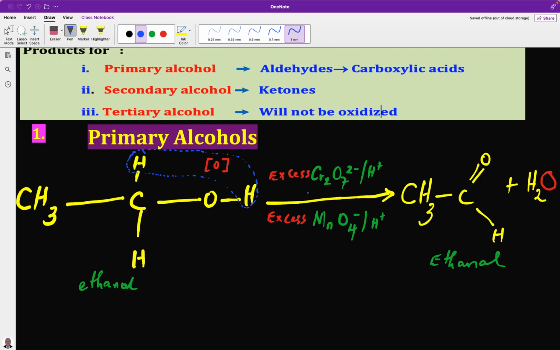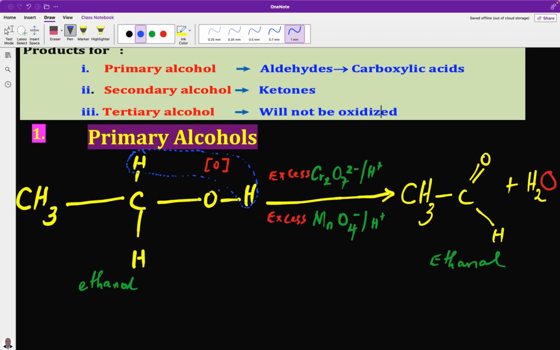Any of the oxidizing agents could be used: excess acidified potassium dichromate, or excess acidified potassium manganate solution.